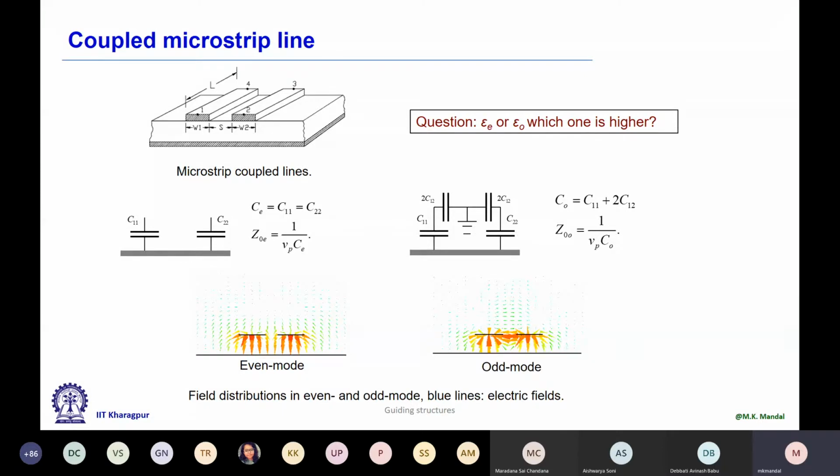Also, we have seen that in the even mode, the effective dielectric constant is higher because of its field configuration. And from the field analysis, we concluded that if we remove the ground plane, it can't support any wave propagation in even mode condition. But in odd mode, we still have electric field between these two lines without the ground plane.